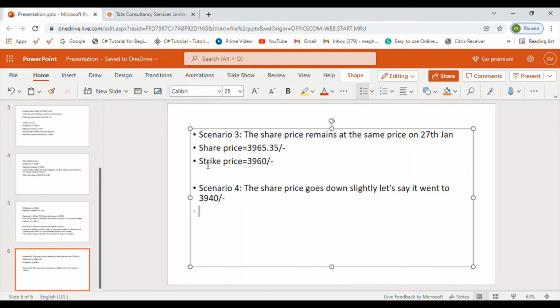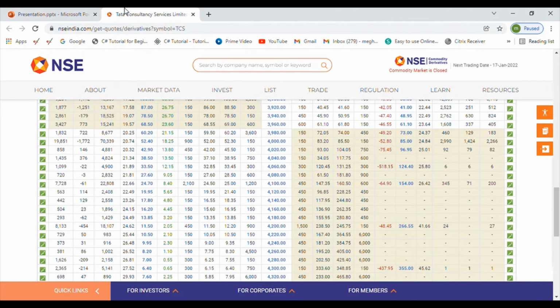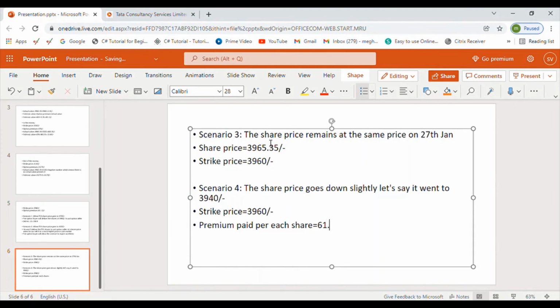So let's see what will happen in this scenario. The strike price is always the same, which is 3,960 rupees in this case. So the premium paid per share is how much? It is 61 rupees 10 paise.